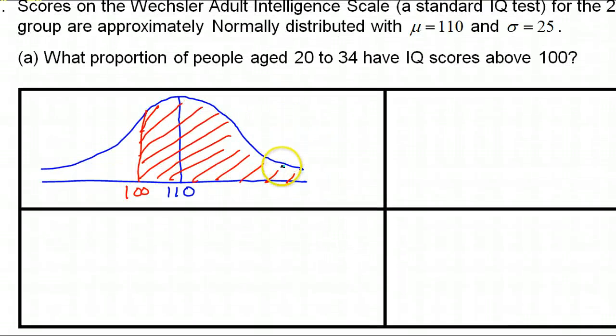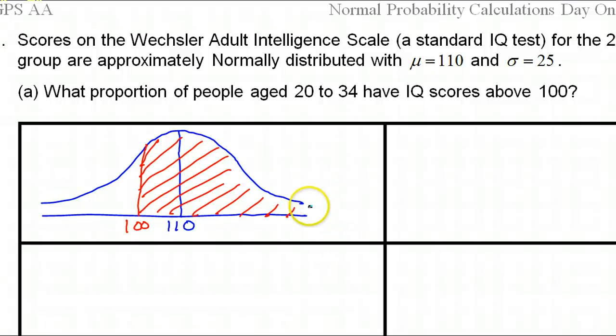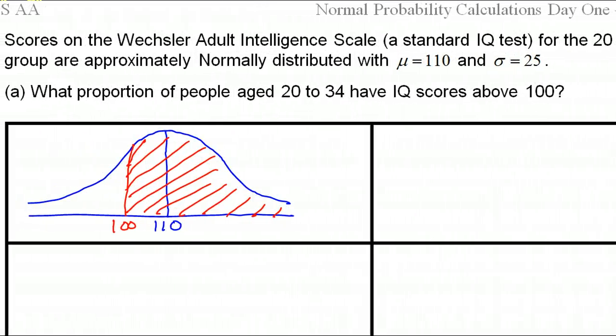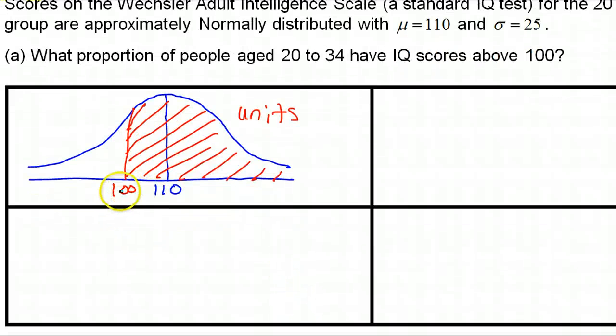We need the units. It's just a score, so I'm not really sure what to put for the units. Maybe I'll just put units for right now. Now, let's go ahead and turn this into a z-score.